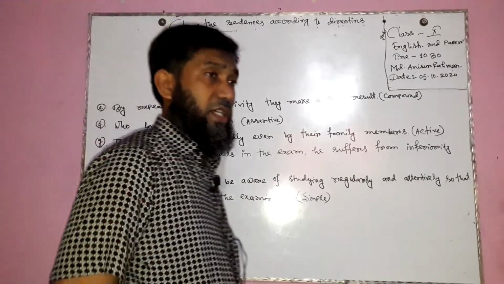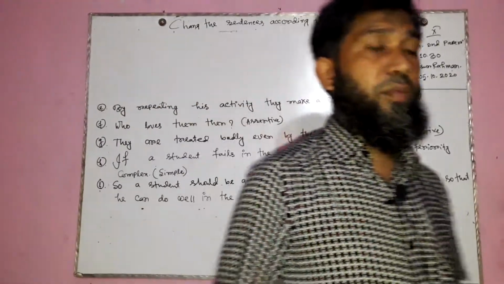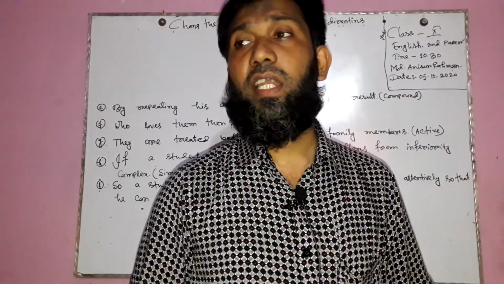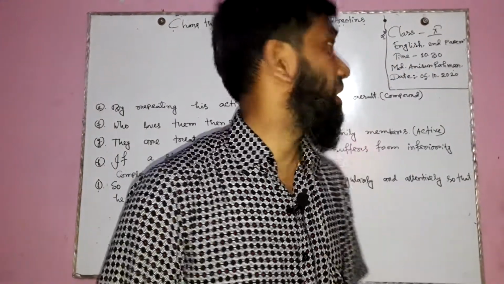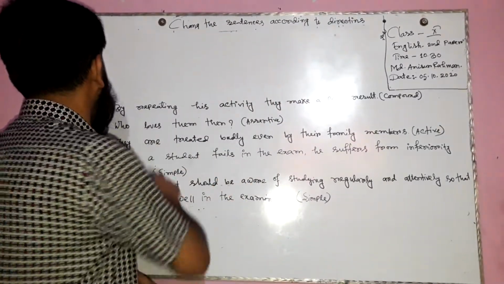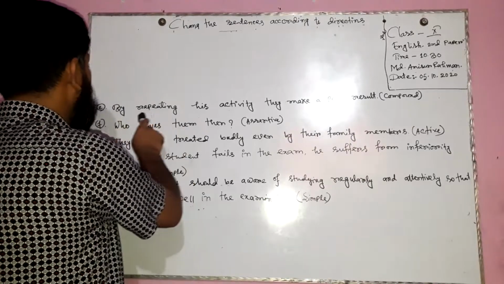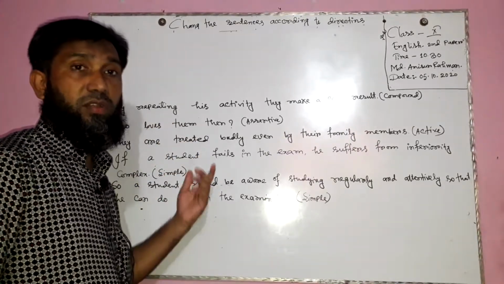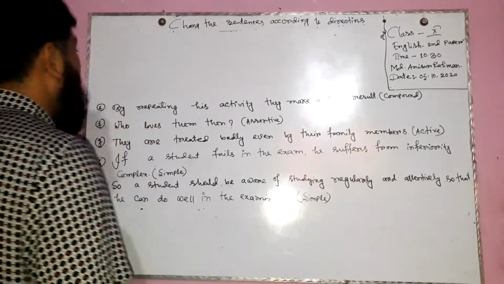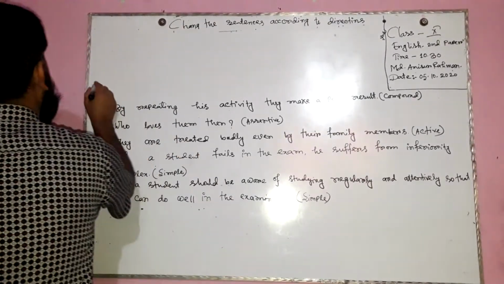Compound. Can anybody give ideas about the sentence? Which sentence is this? It will turn into compound. Can anybody give me ideas? Yes, this sentence is simple into compound. So by plus gerund, in this case we know the sentence is simple. By repeating his activity, now I would like to give you the answers.